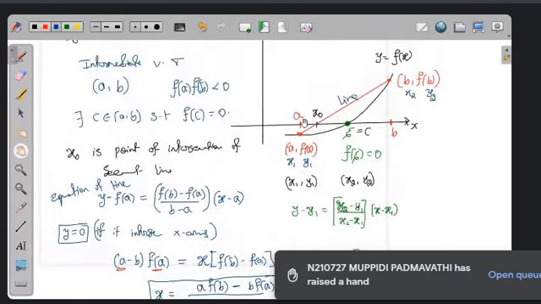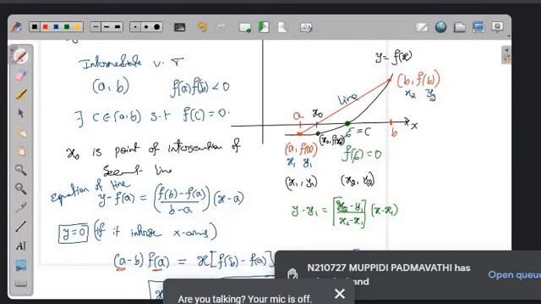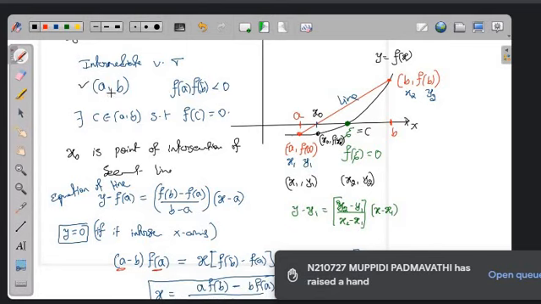After finding the first approximation, what do you need to do to find the next approximation? Let me explain that also. We found the first approximation x naught. You see what the function value is here, that is the point x naught comma f of x naught. The initial interval is a comma b, because f of a is negative and f of b is positive. Now you see what the sign is at x naught. x naught is somewhere here, need not be the midpoint, so we are not biased.